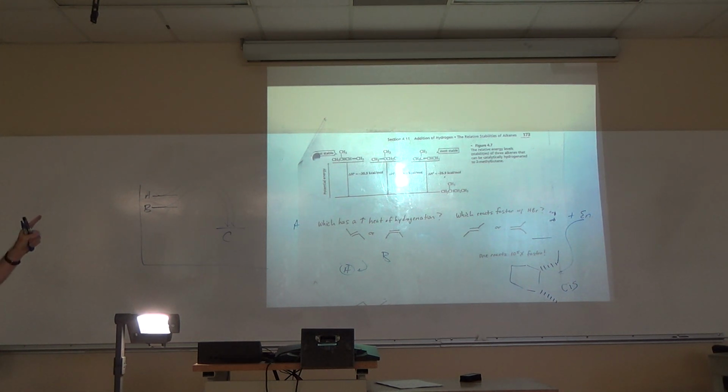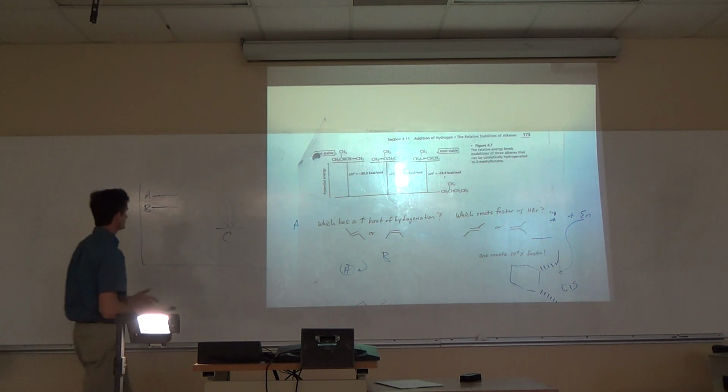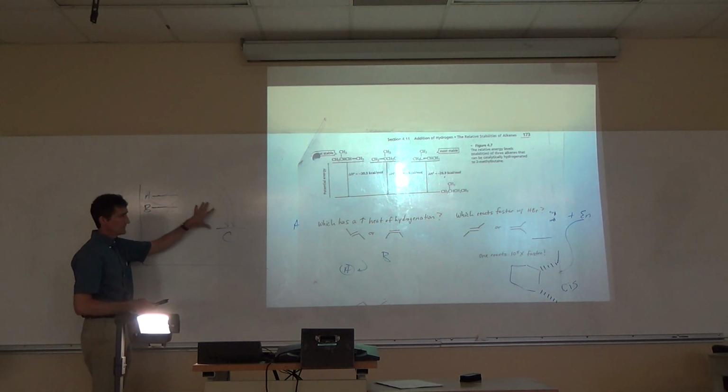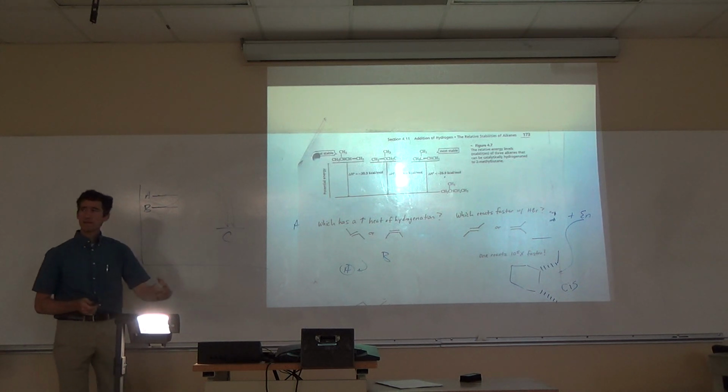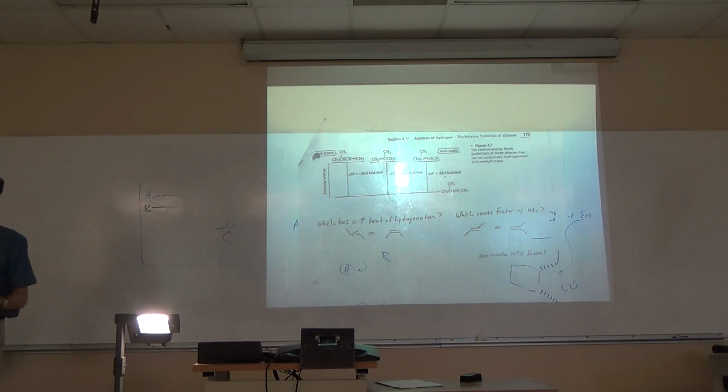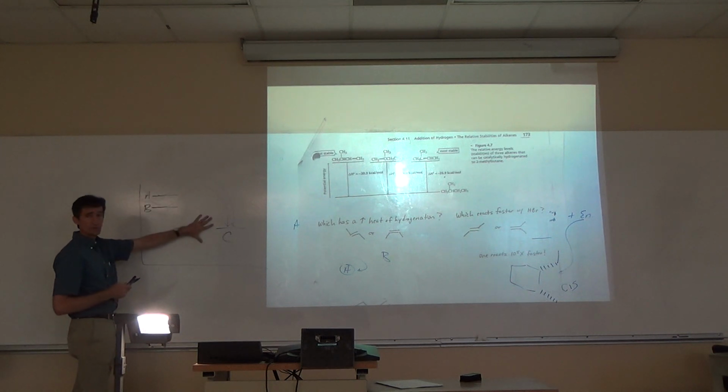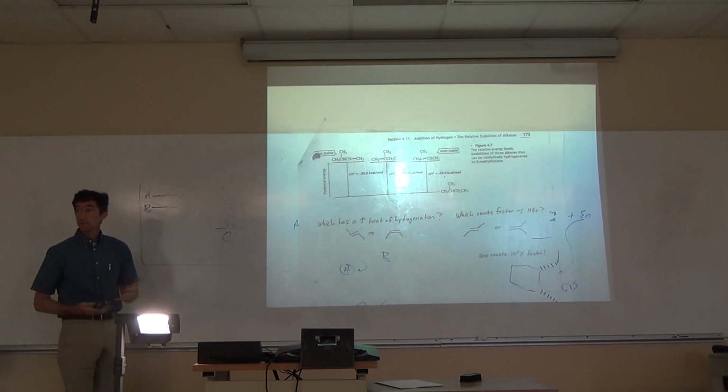Now, heat of hydrogenation is not a delta H. It's the opposite of delta H. The delta H would be negative, right? But when you call it heat of hydrogenation, you leave it as a positive term. It's the heat that's given off. This reaction gives off heat, so that it's giving you something.